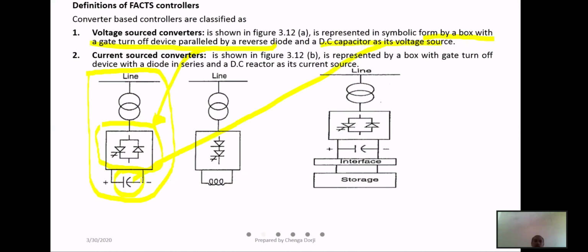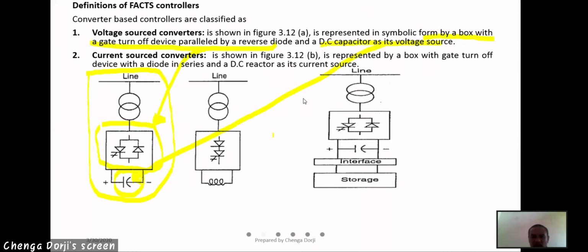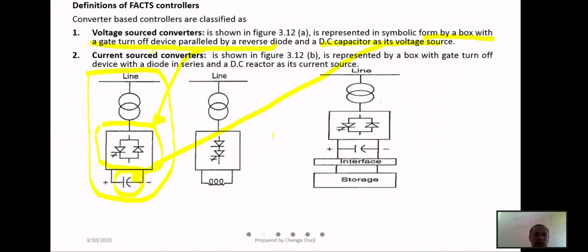Similarly, the current source converter is shown in this case. This is your current source converter, and it is represented by a box in series with a diode.